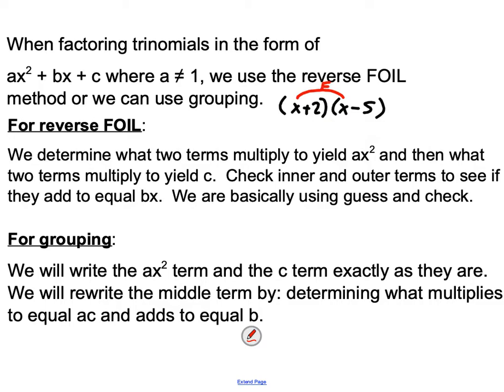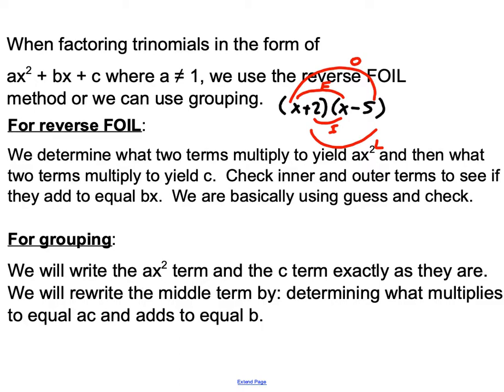And then the O stands for outer, and those are your outer terms. And then the I is your inner terms. And then L there is your last terms. So it spells FOIL. First, outer, inner, last.